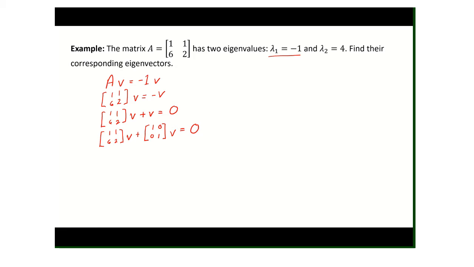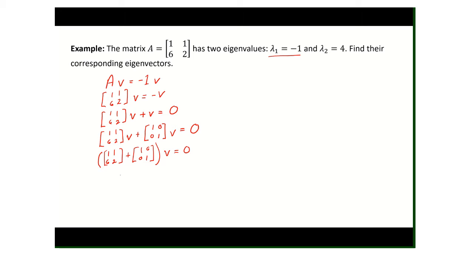Now, we know when we have this, we can combine things. So [1, 6; 1, 2] plus [1, 0; 0, 1] times v equals 0. One of our properties of matrix multiplication and addition is that we can combine things this way.